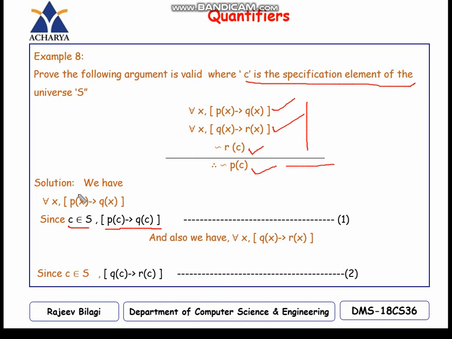I'll call this equation number 1. And the same thing we have for this one also: for all x, Q of x then R of x. Since C belongs to S, I can write Q of C then R of C. I'll call this equation number 2.